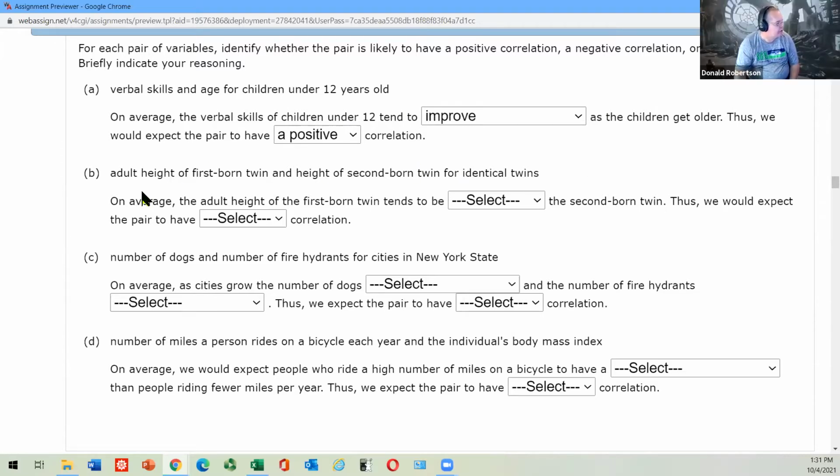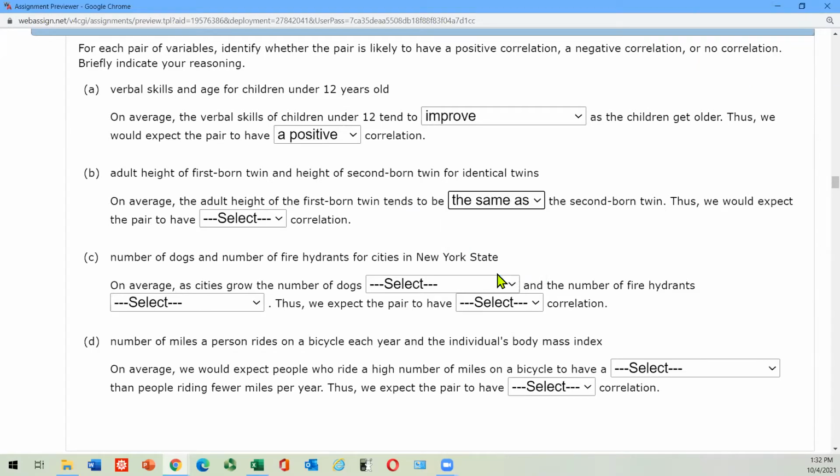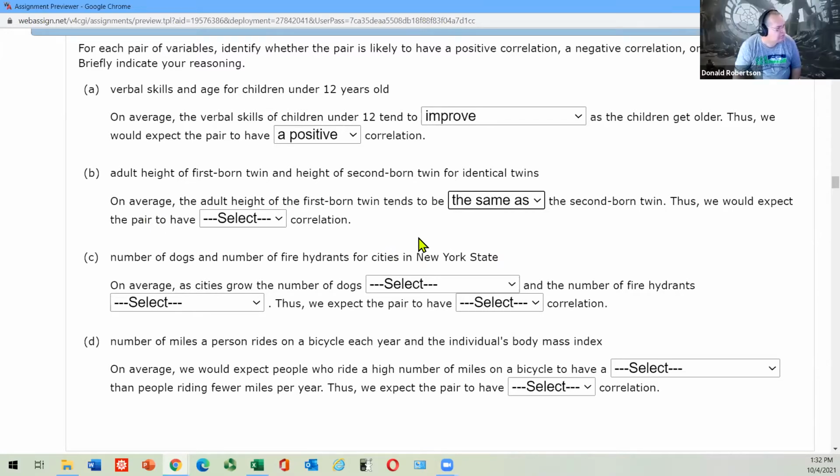So I'll do the second one. Adult height of a firstborn twin against the adult height of a secondborn twin, right? So identical twins, and you measure their height at various ages, I guess. So on average, the average height of the first twin tends to be about the same. It says the adult height. I don't know if that's very different, but I wasn't sure if that changed it.